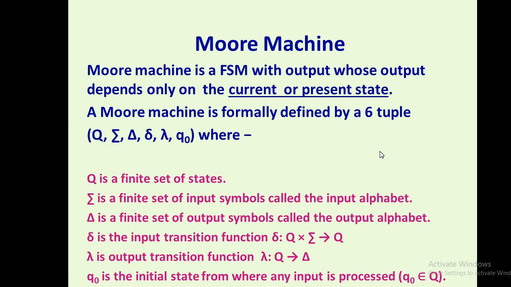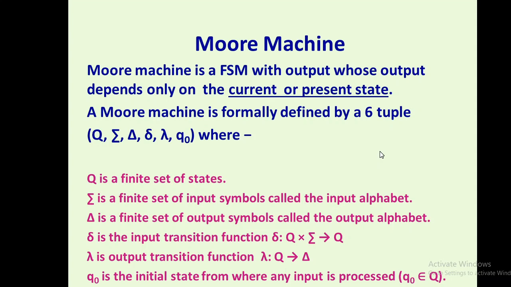A Moore machine is formally defined by a six-tuple Q, sigma, delta (output alphabet), delta, lambda and Q0, where capital Q is a finite set of states. Sigma is a finite set of input symbols called the input alphabet. Delta is a finite set of output symbols called the output alphabet.